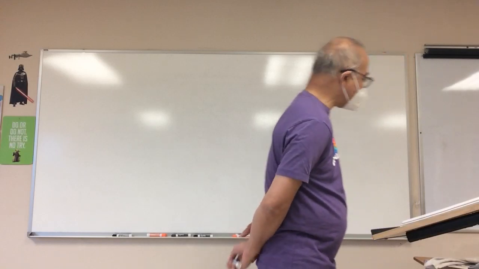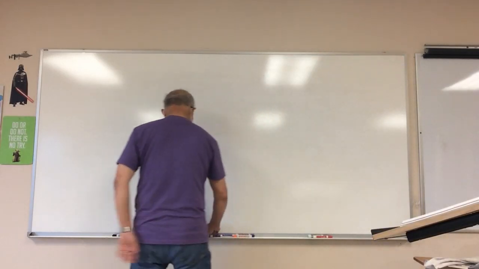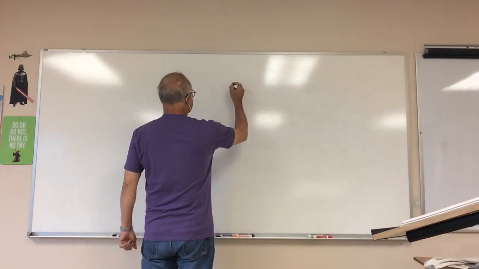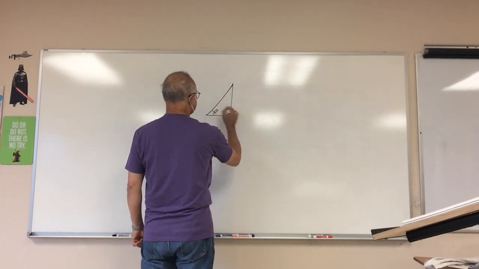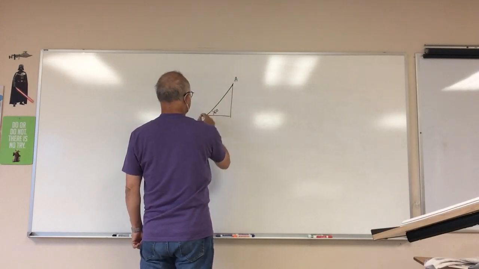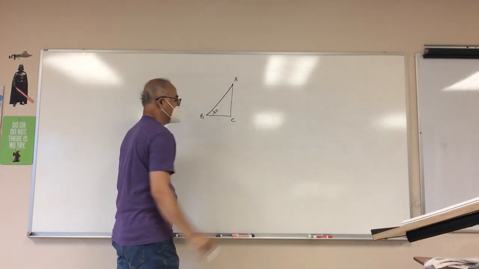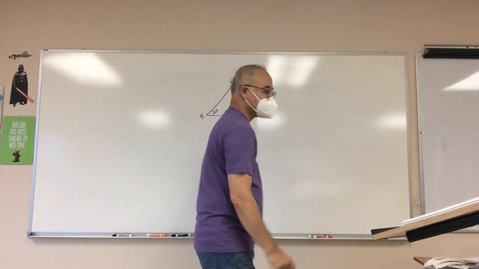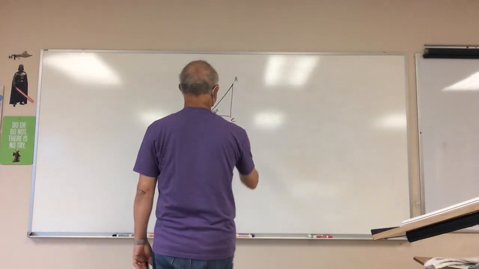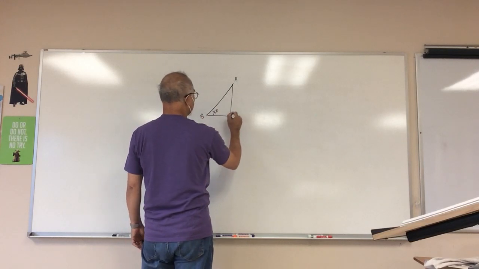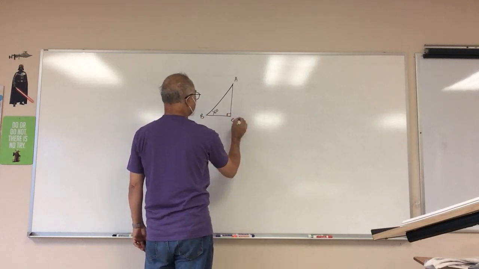So we have 60 degrees at ABC, and AC and BC are perpendicular.